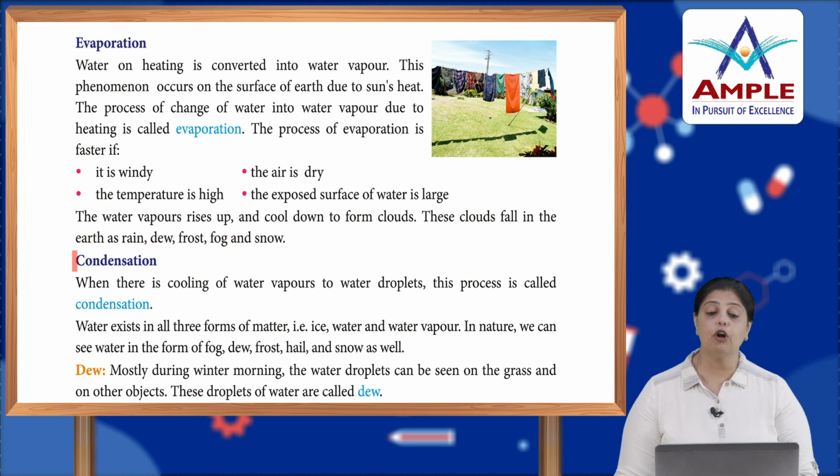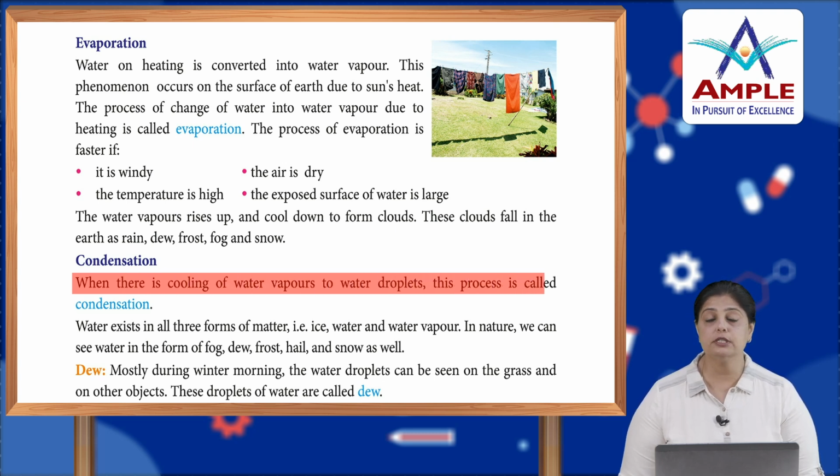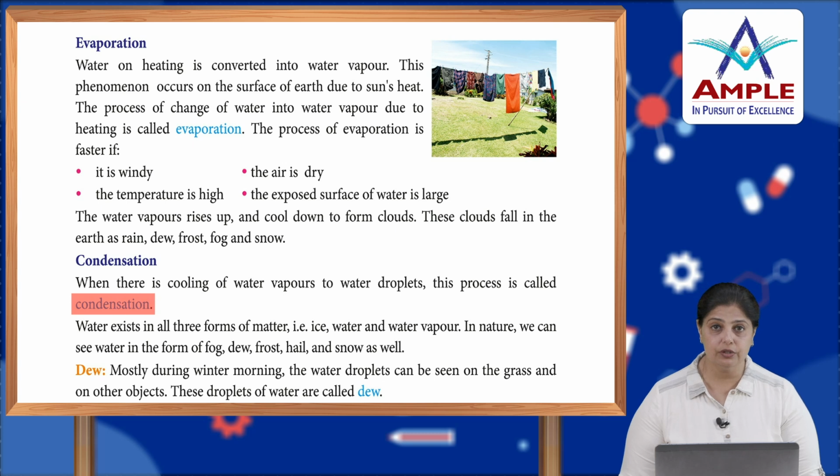Now, let us talk about condensation. When there is cooling of water vapor to water droplets, this process is called condensation. So, first, upon heating, water changes into water vapor. Now, upon cooling, water vapor changes into water droplets.